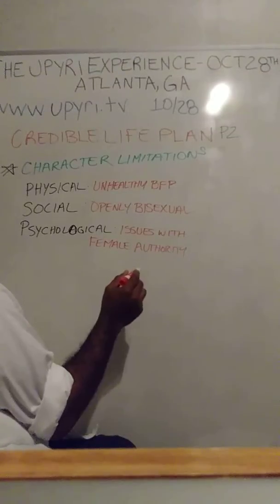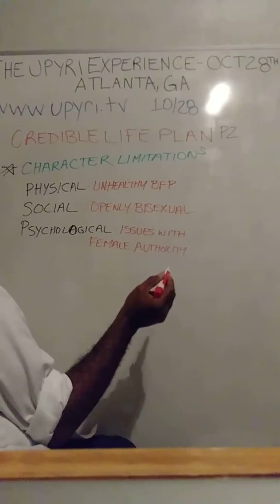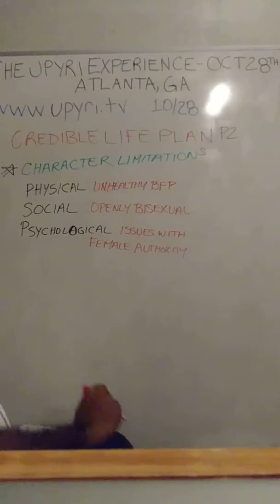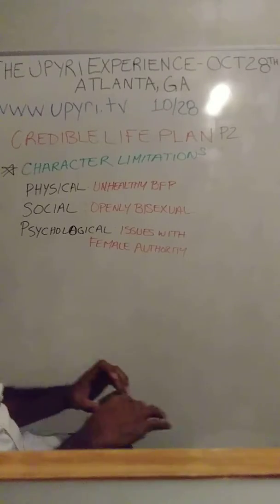Which of course is going to run him into plenty of problems with the Queen Mother. But these are the character limitations, and you can see for the most part they don't have anything to do with his stumbling block. So that one is done.